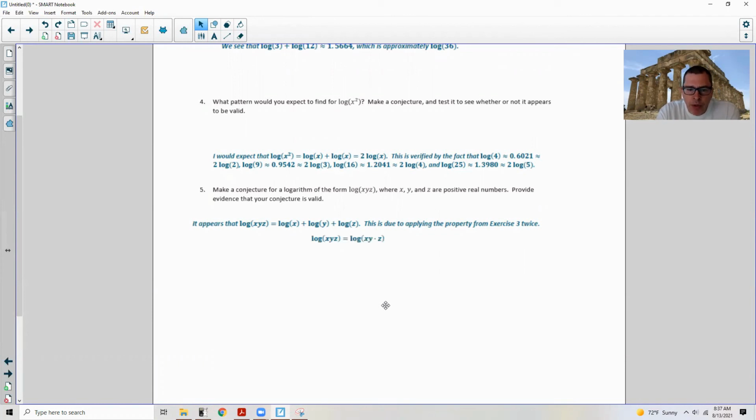So log of xyz is equal to log of x times y, and then they just put a dot z just to separate them. So then they said that would be log of xy plus log of z. And then they did log of x plus log of y plus log of z. Or, and here's where this gets interesting, because in EngageNY, they're always giving examples about things. And then it might say, Susie claims that this is this and this is.